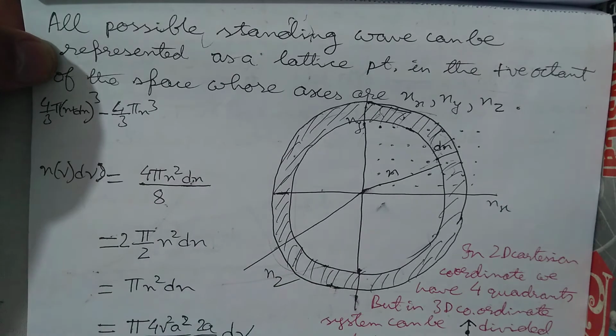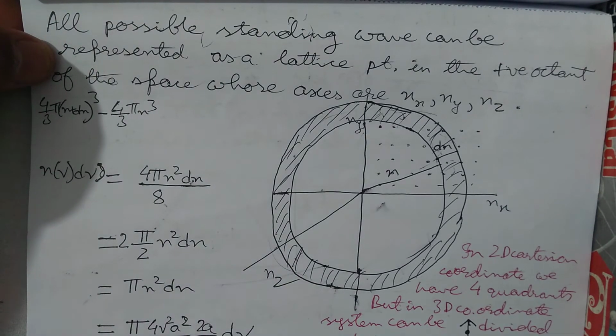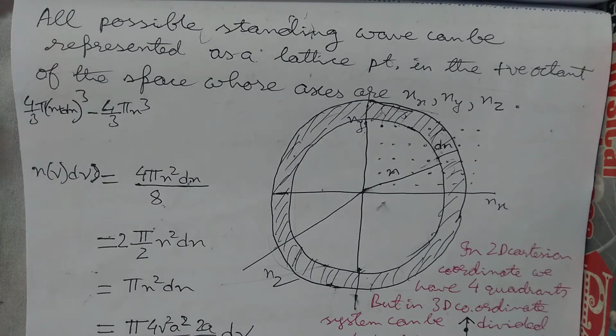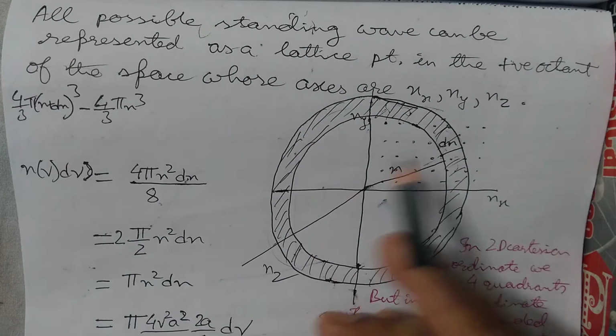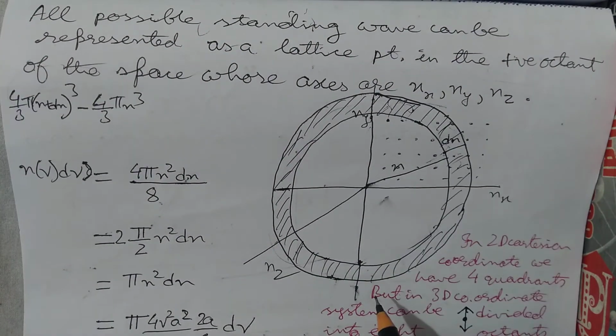Now, why am I doing 1 by 8? The reason is that you have to take only the positive values of n. This is in three-dimensional space.